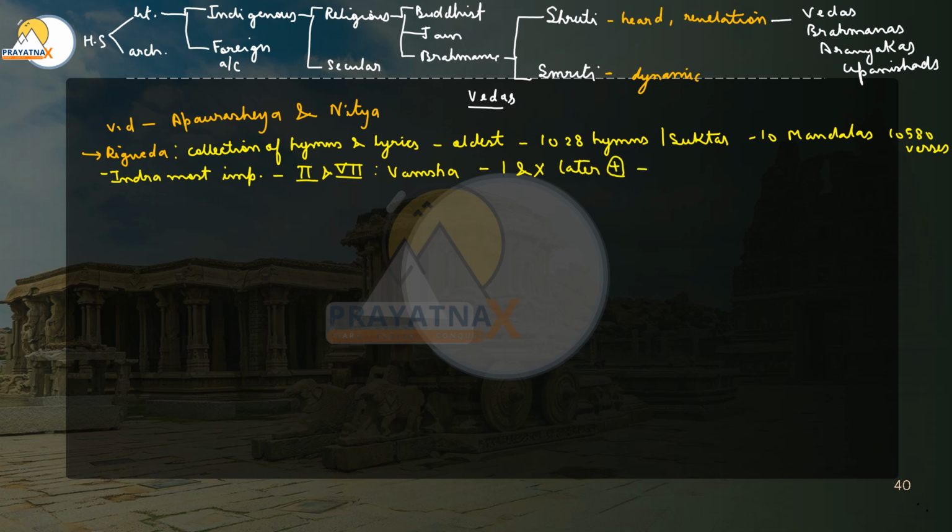Now, the third mandala is devoted to solar deity Savitri. It also contains Gayatri mantra, which is written by, try to recall, Vishwamitra.